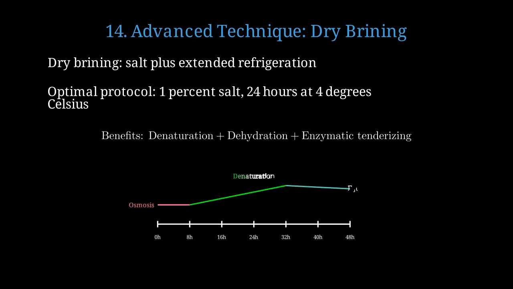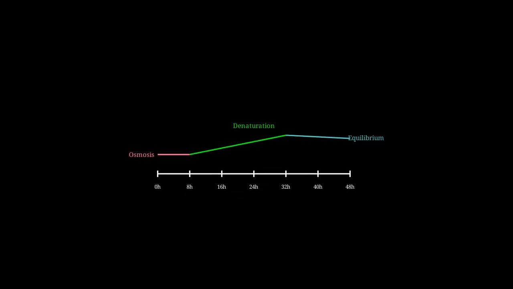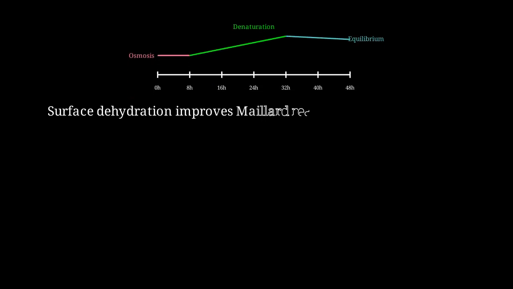Here's the timeline: initial osmosis for 8 hours, then strong denaturation from 8 to 24 hours, finally reaching equilibrium after 24 hours. The slight surface dehydration actually improves the Maillard reaction, giving you better browning and flavor. Maillard reaction rate is inversely proportional to surface moisture content.